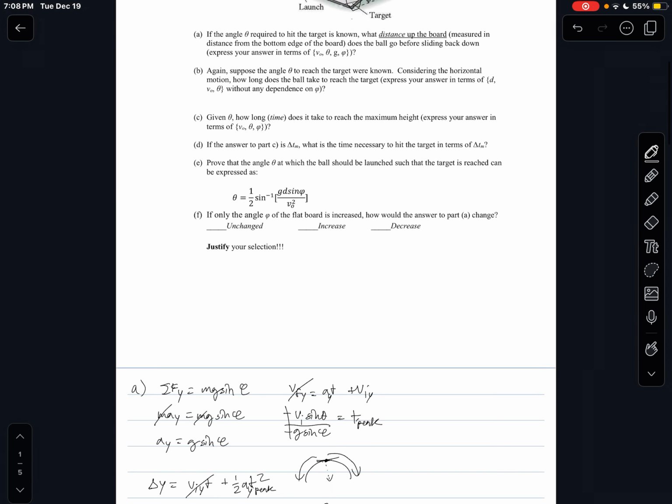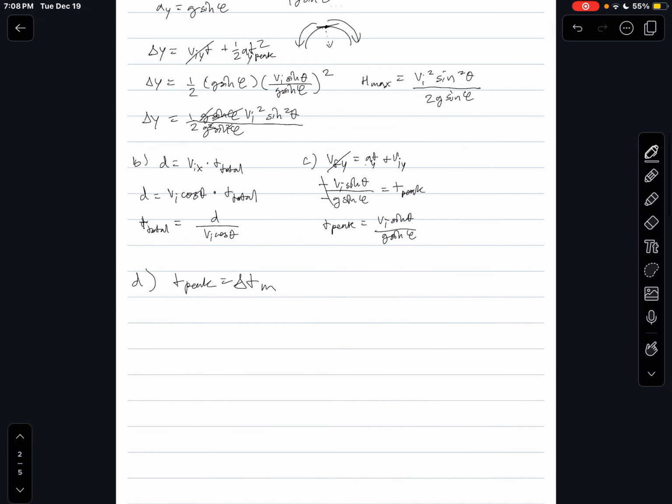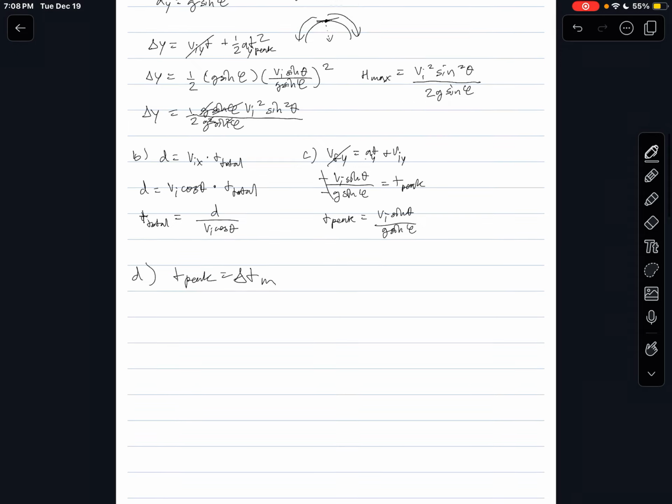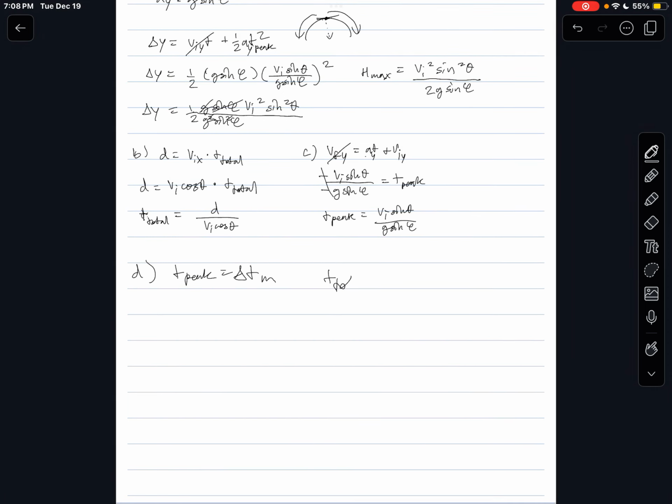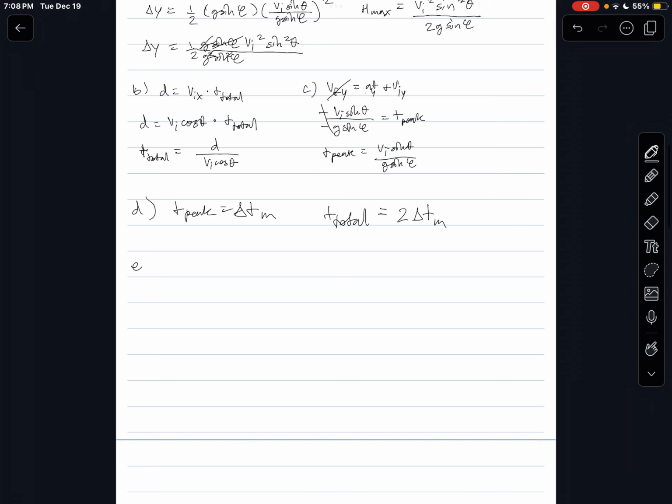So it takes the same time to travel up and down. That's why the answer is 2 delta Tm. So the total time, T total, is going to be 2 times delta Tm.